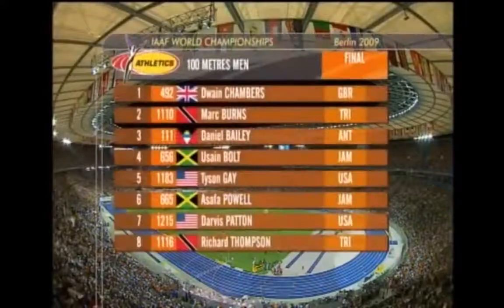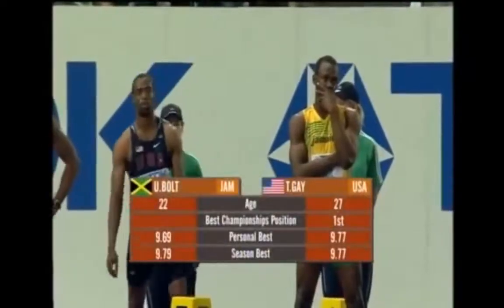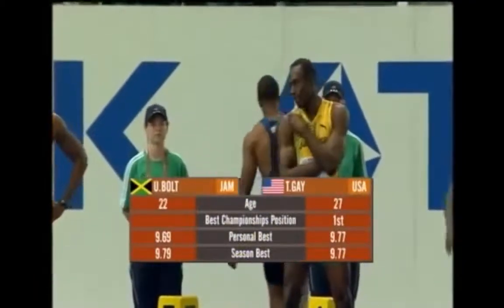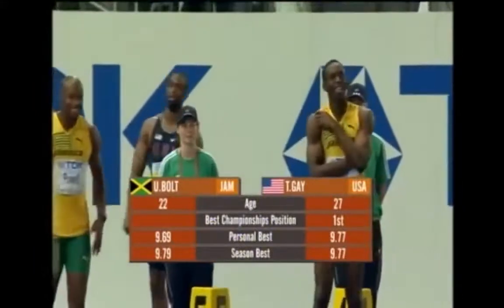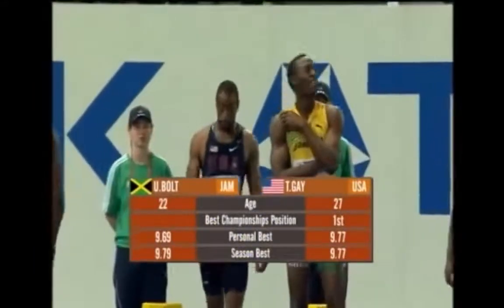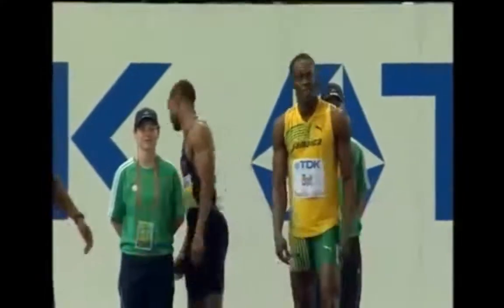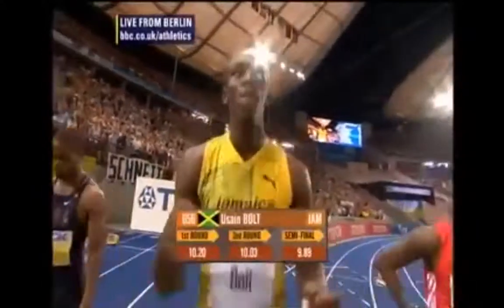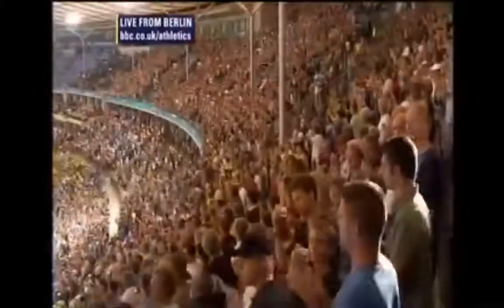Bolt versus Gay. 5 years between them. One's a world champion, one's an Olympic champion. Just 0.08 of a second between their personal bests. Usain Bolt. 40 strides he takes. He'll reach speeds in excess of 40 kilometers an hour.